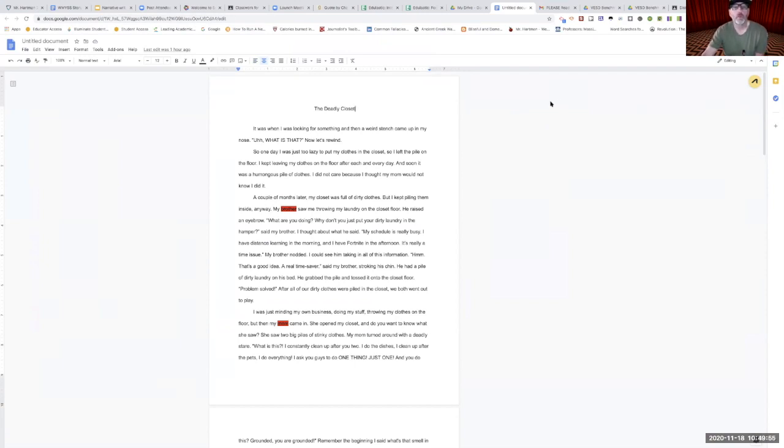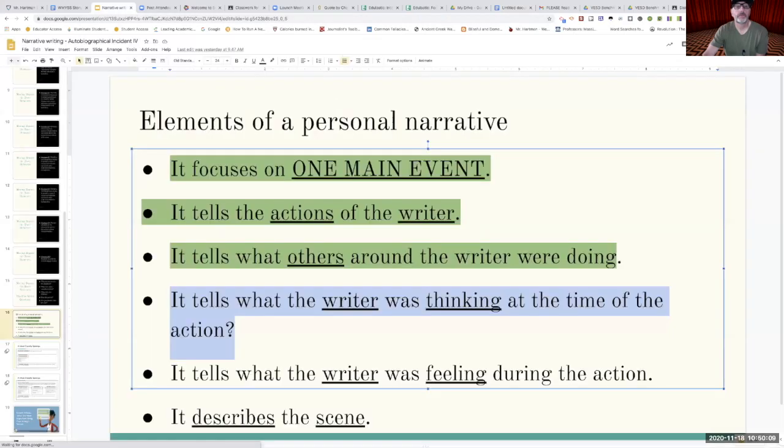Okay. So yesterday we looked at the deadly closet, an essay taken from my class. We went through and looked at these items right here.